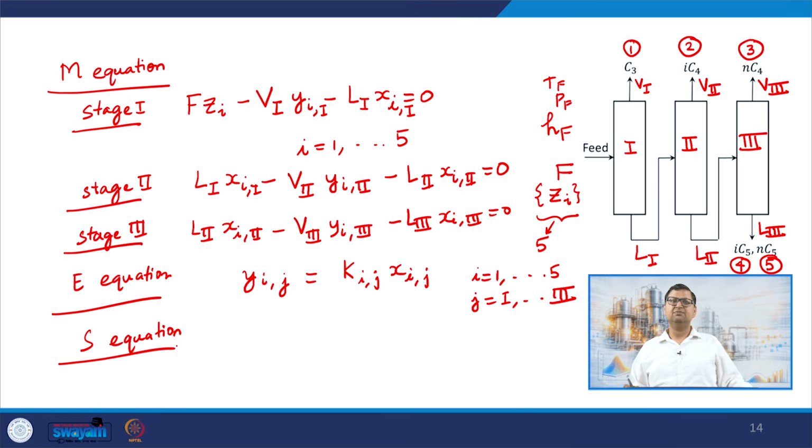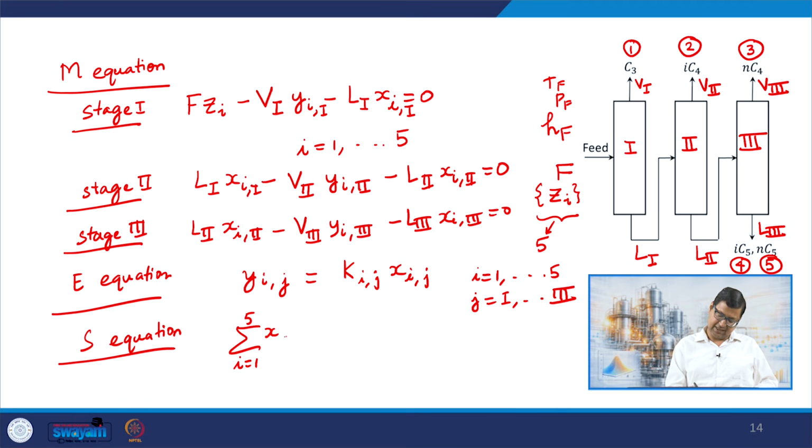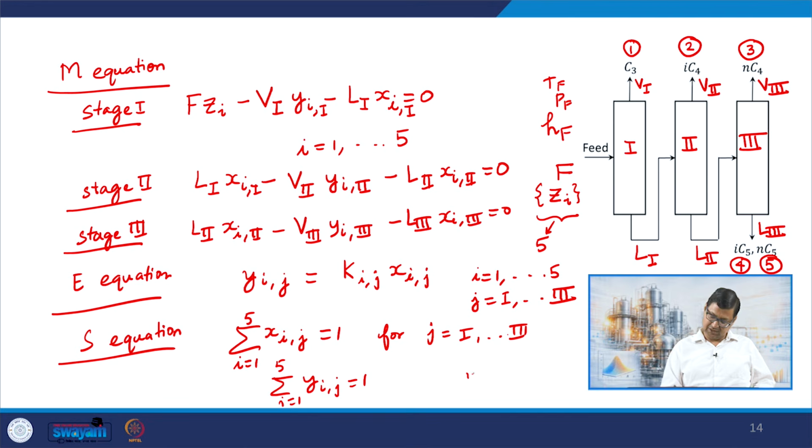Let's say I define both Sx and Sy as the equation in this case. So we are going to have summation over i equal to 1 to 5 Xij is equal to 1 for j equal to 1 to 3, and then similarly i equal to 1 to 5 Yij is equal to 1 again for j equal to 1 to 3.